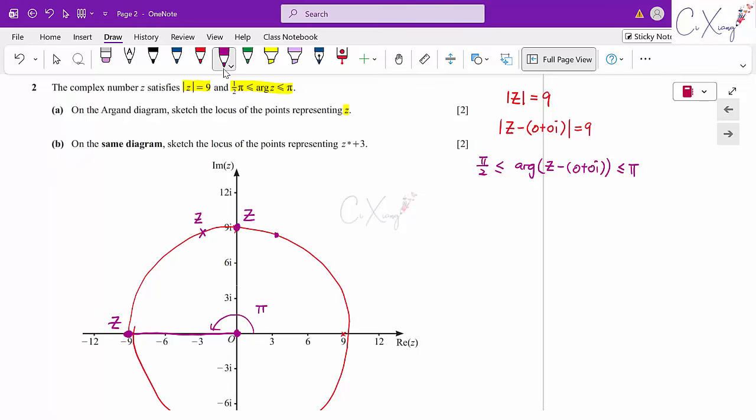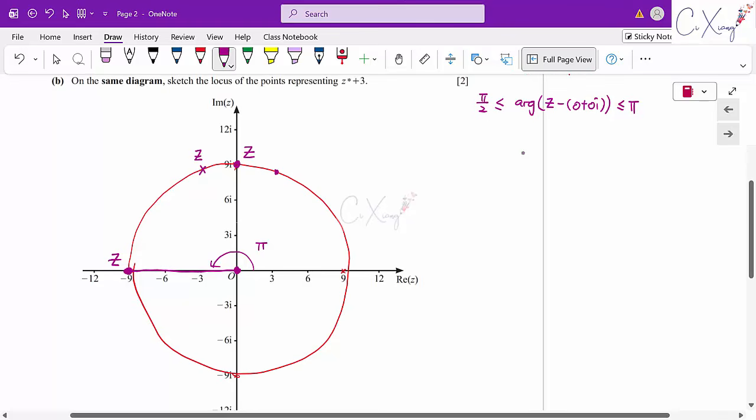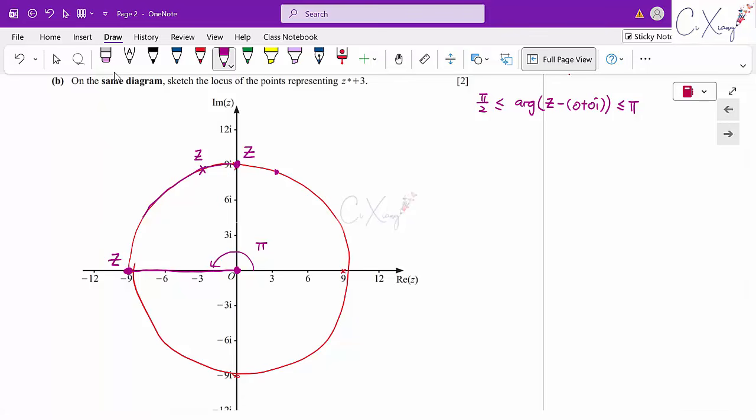Alright, so where is the line or the locus that fulfills these two conditions? Basically, the line that fulfills these two conditions will be all the z that lie on this second quadrant here. You realize that on this line, all the z have a distance from (0, 0) of 9 units, and also the angle is between pi over 2 and pi.